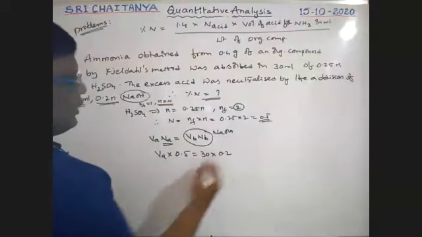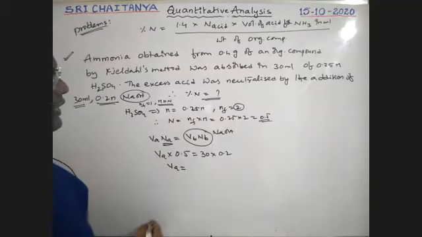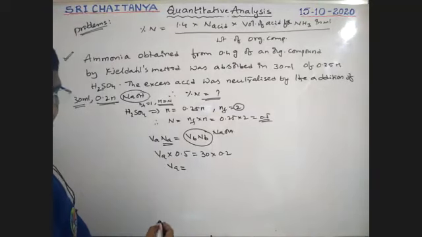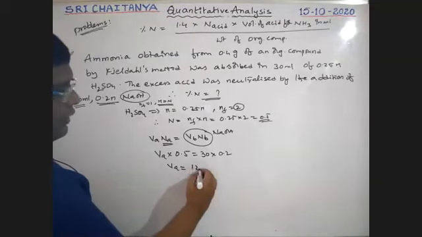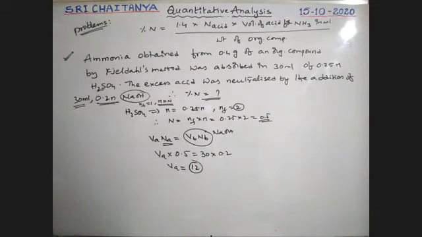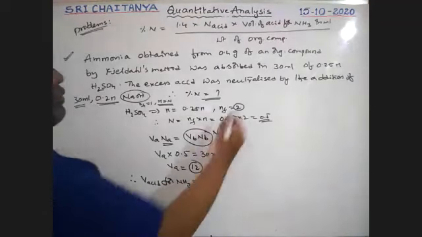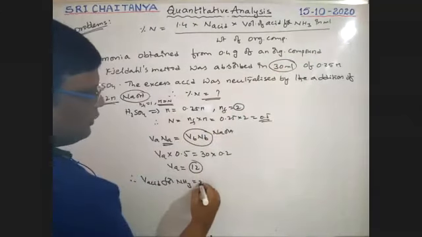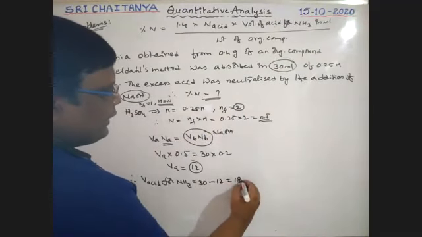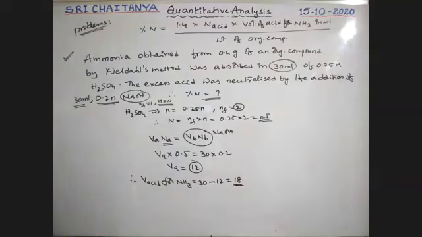Therefore 0.2. Therefore volume of acid is equal to 12 ml. Therefore volume of acid for ammonia is equal to V total, that is 30 minus 12, 18.